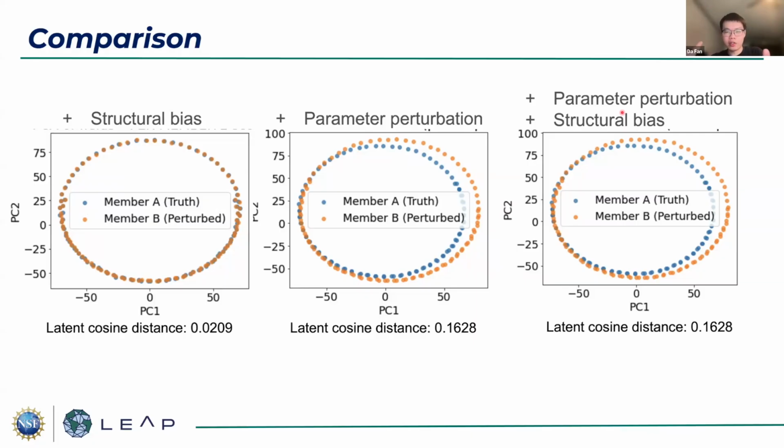So the main takeaway of this toy example is that we think this latent space representation is a representation of the perturbed parameters, or the parameter perturbation compared to the truth model. And we ignored the structural bias in our experiment by doing per member normalization, by doing the latent space conversion.